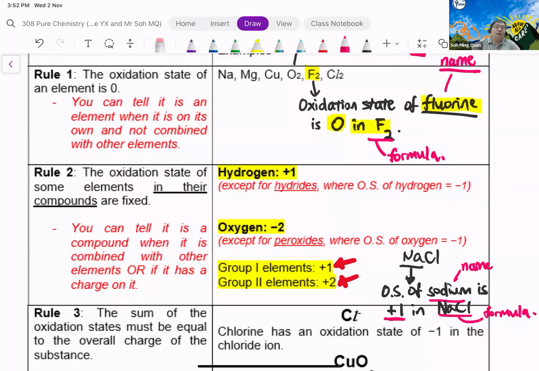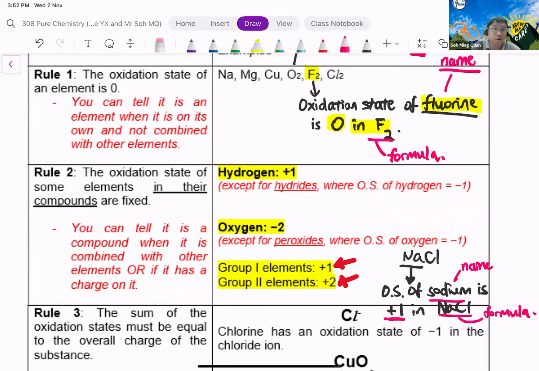Now, I'm sure you realize by now, this looks a bit confusing. Why is it that we write Mg2+, but the oxidation state is +2? Now, this is a convention. Oxidation states are written with the sign first, whether it's plus or minus.